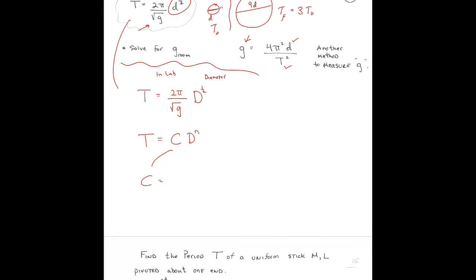What is that constant? That constant is 2 pi over the square root of g. If you square both sides, you get 4 pi squared over g. Solve that for g. In lab, you'll get an experimental value for C, and then you can calculate little g and compare it to our 9.8.